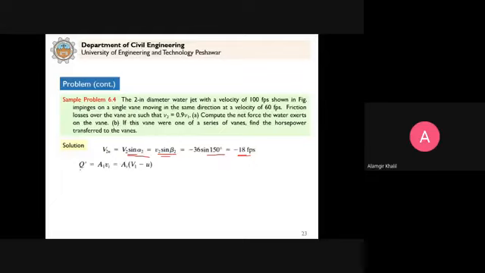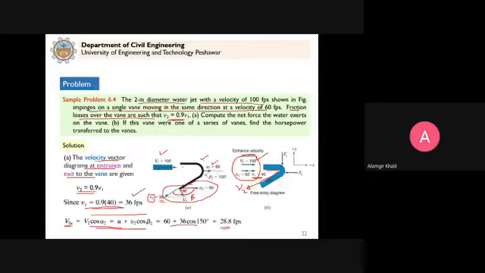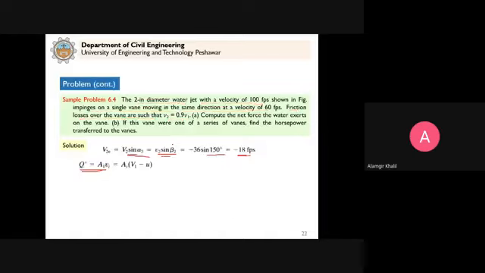Clear? Now we calculate Q dash because we have a single moving vane. For a single moving vane, the discharge hitting the vane will be less. Clear? This is what we discussed earlier. So we consider Q dash, and Q dash is equal to a into small v1, or a1 into the difference of v1 minus u. The relative velocity you have to consider. Clear?